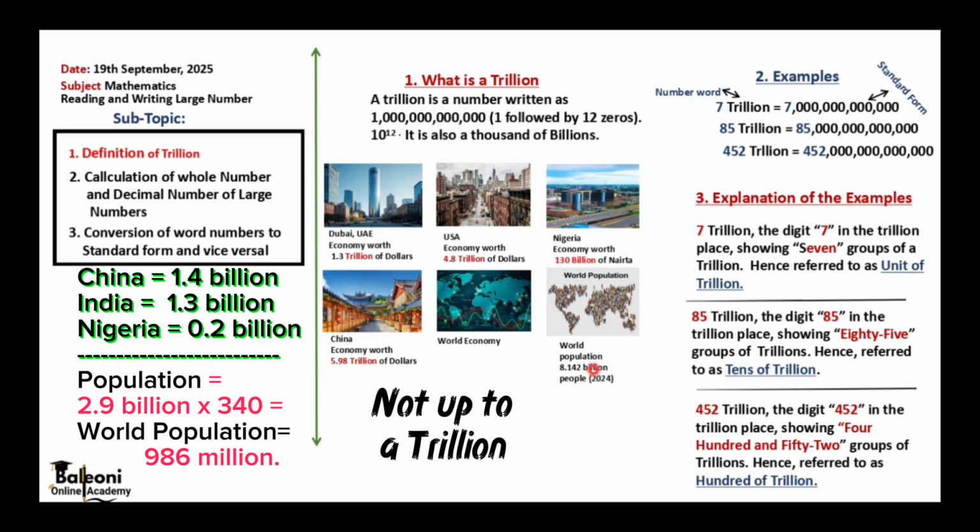Now compare that to 1 trillion. To reach 1 trillion, we would need to add the populations of China, India, and Nigeria, not just once, but more than 340 times. This shows us that a trillion is far bigger than the population of the 3 most populated countries on Earth combined.